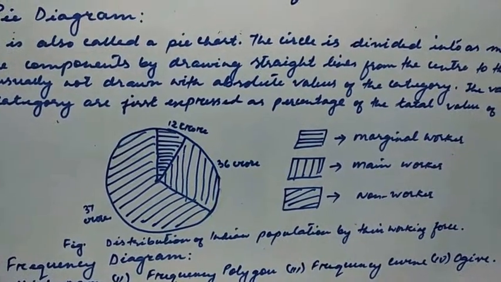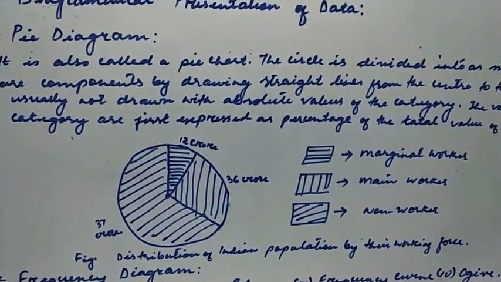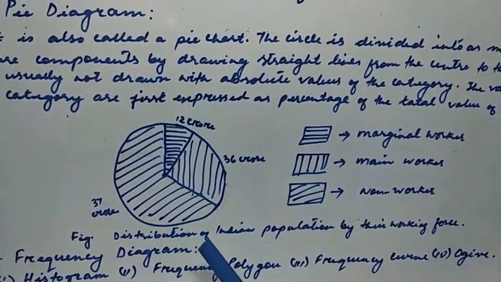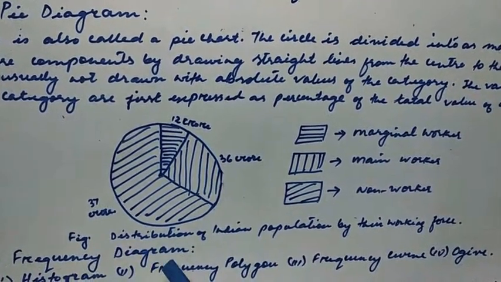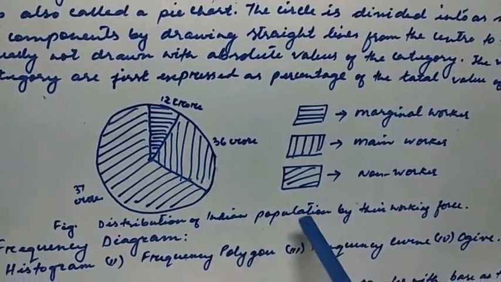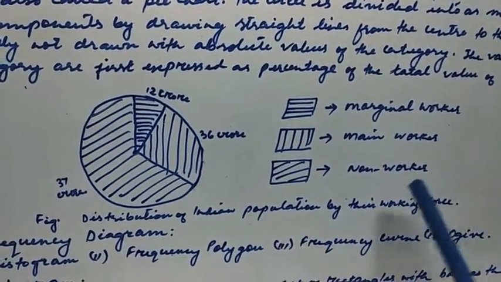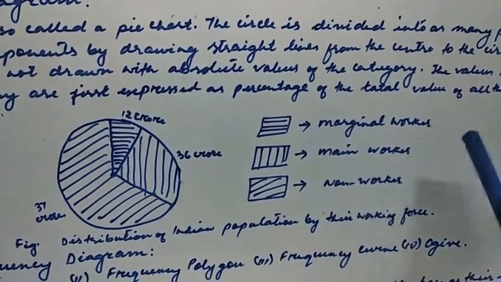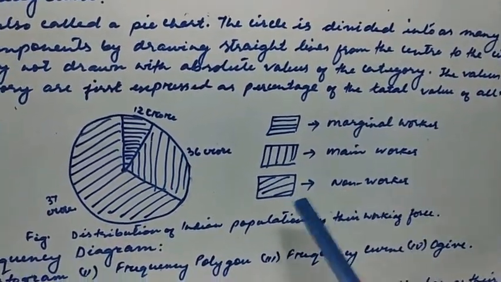So this is an example of a pie diagram or a pie chart. We are representing the distribution of Indian population by their working force, whether it is marginal worker, main worker or non-worker.